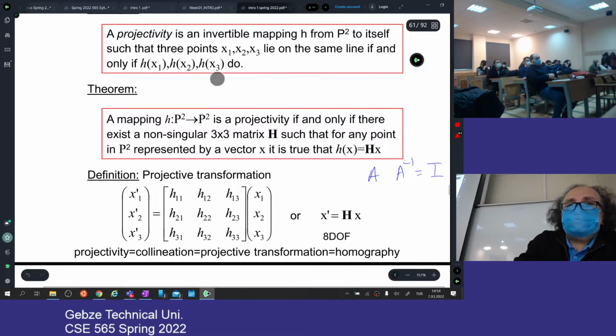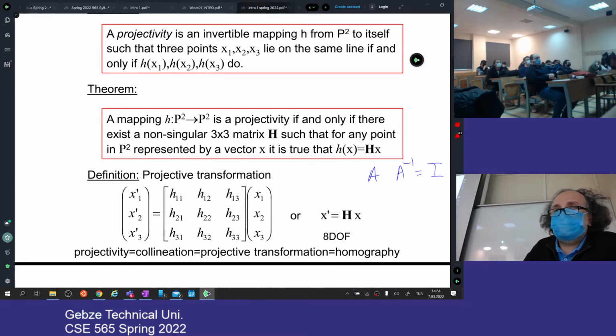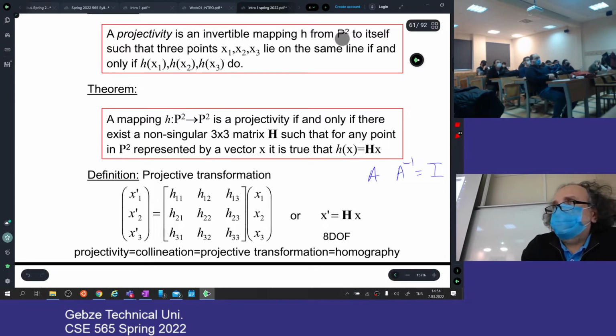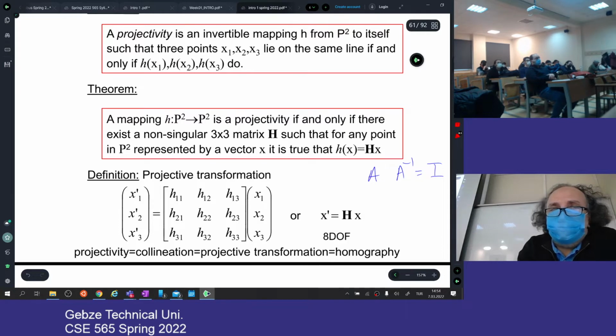So here we say that a projectivity is an invertible mapping H from P2 to itself. What is P2? It's the homogeneous coordinate system, right? From the homogeneous coordinate system to another homogeneous coordinate system, such that 3 points x1, x2, and x3 lie on the same line if and only if Hx1, Hx2, and Hx3 do.